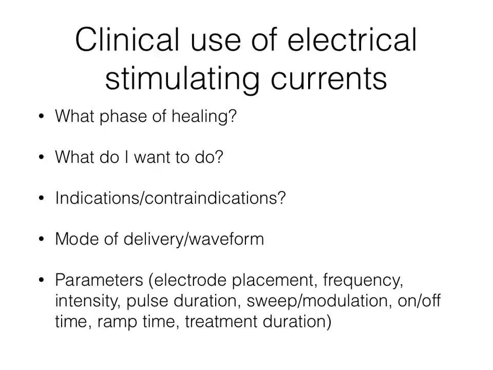And then you're going to consider all of these things I've just talked about in this tutorial, as well as some things I've outlined in another tutorial, in order to set up your parameters, including thinking about electrode placement, frequency, intensity, pulse duration, and, in IFC, do you want to use sweep? In TENS, do you want to use modulation? For motor application, you're going to have to think about on-off time and ramp time, and for all of the applications, treatment duration.